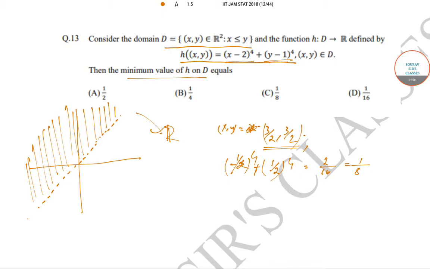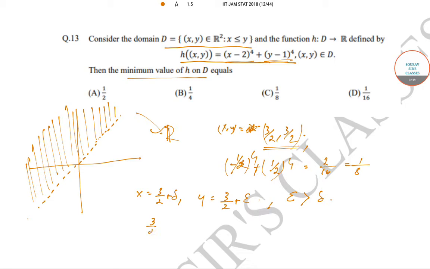Now suppose x is equal to 3/2 plus delta, y equal to 3/2 plus epsilon. Delta and epsilon could be positive or negative. The only condition that we have is epsilon greater than or equal to delta.